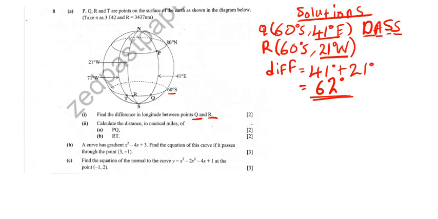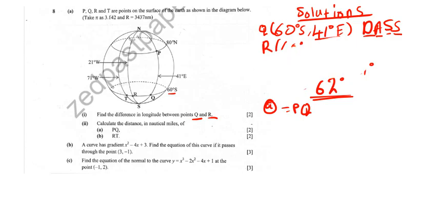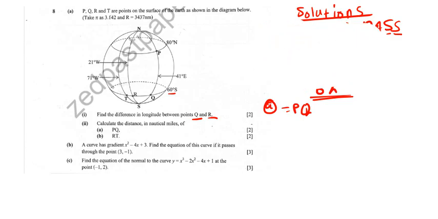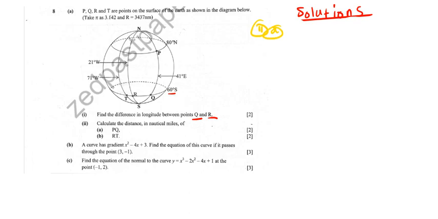So how do you find the distance in nautical miles? Since they have said between P and Q, we are finding the distance in nautical miles between point P and Q. So you have to understand this first.